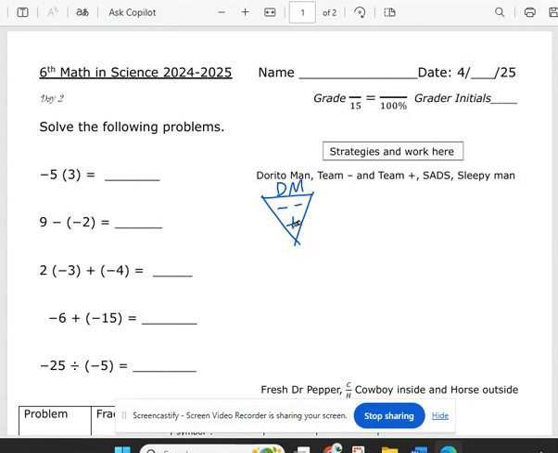It's to remember what sign is the product or the quotient. When you add, remember team negative, team positive, same sign you add, different sign you subtract. And then when we have a minus negative situation, that sleepy man, it turns into positive, okay? So let's go ahead and start.